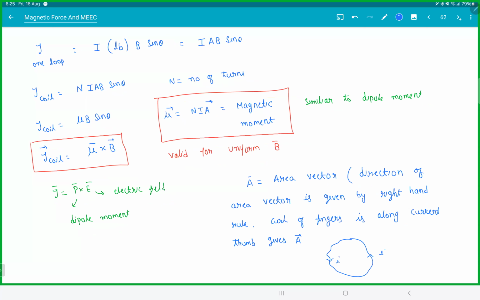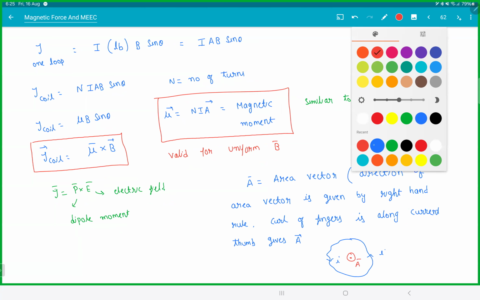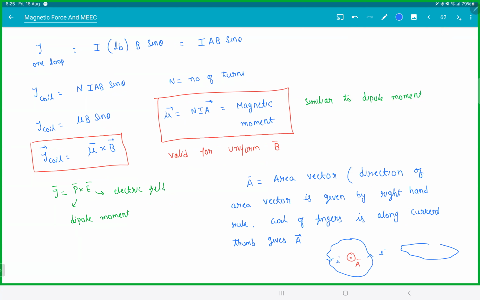If you use the right hand thumb rule, this is going anti-clockwise, so the area vector is this, out of the plane. Area vector is always out of the plane.